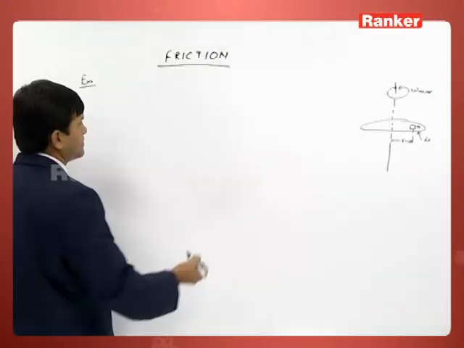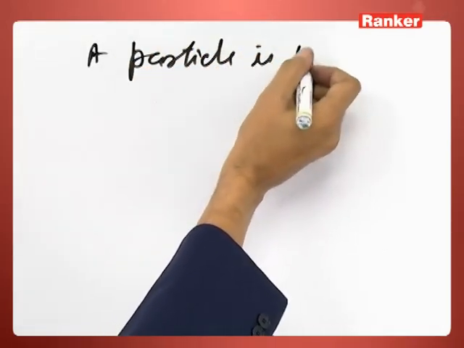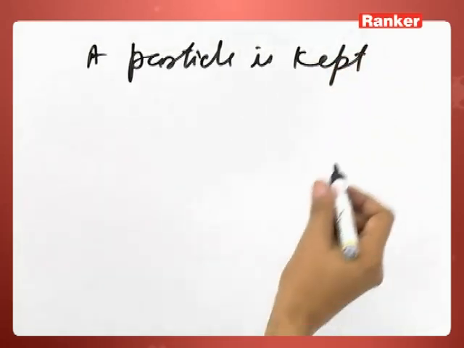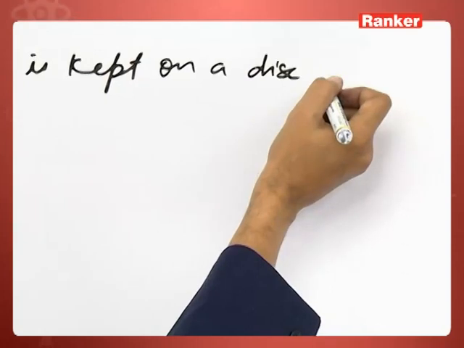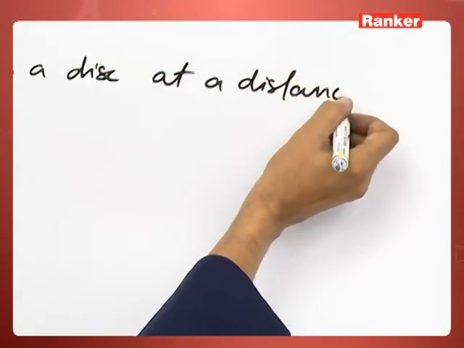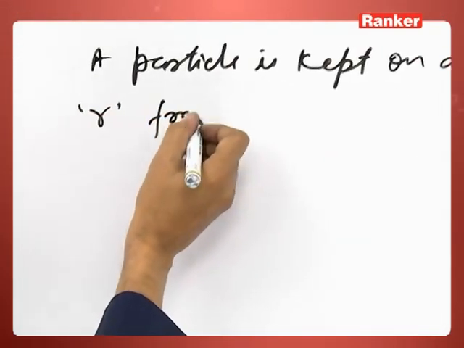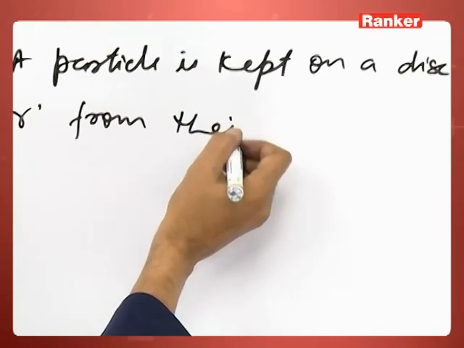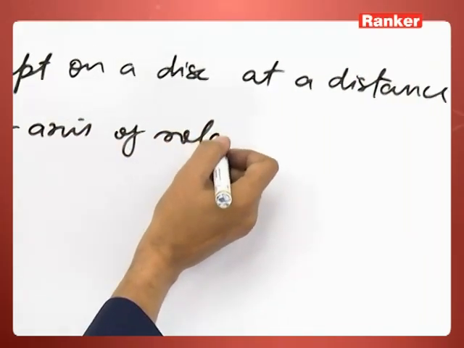So see the question. A particle is kept on a disk at a distance r from the axis of rotation.